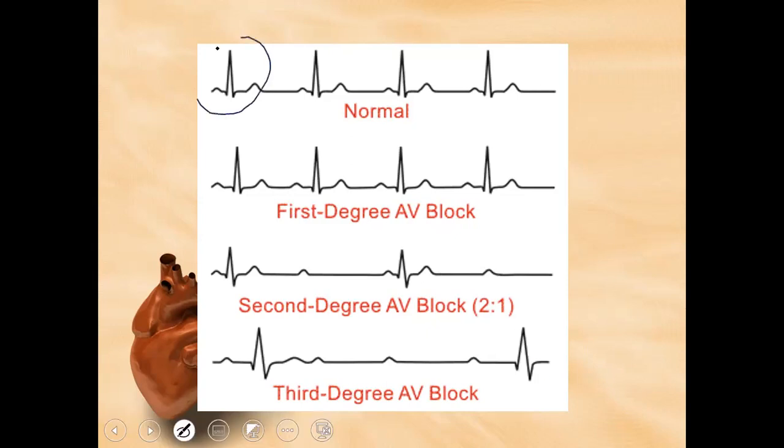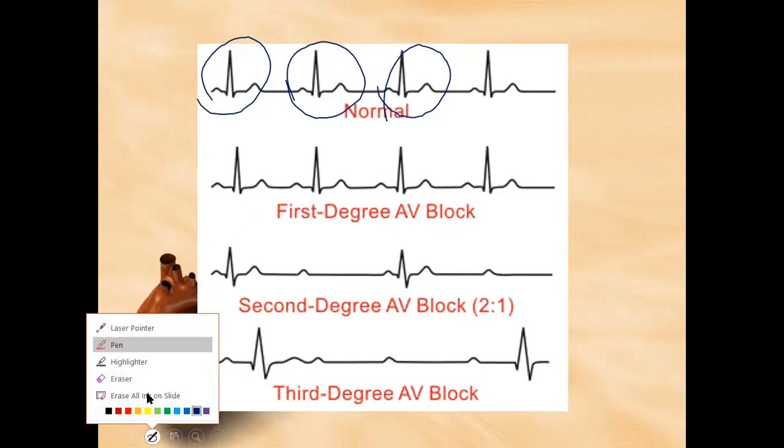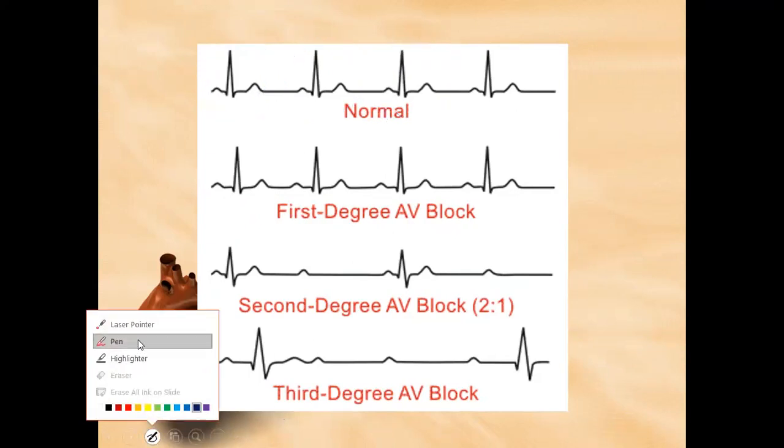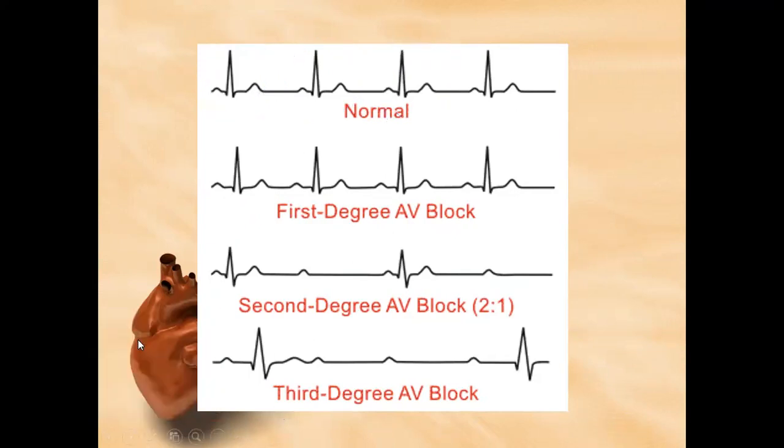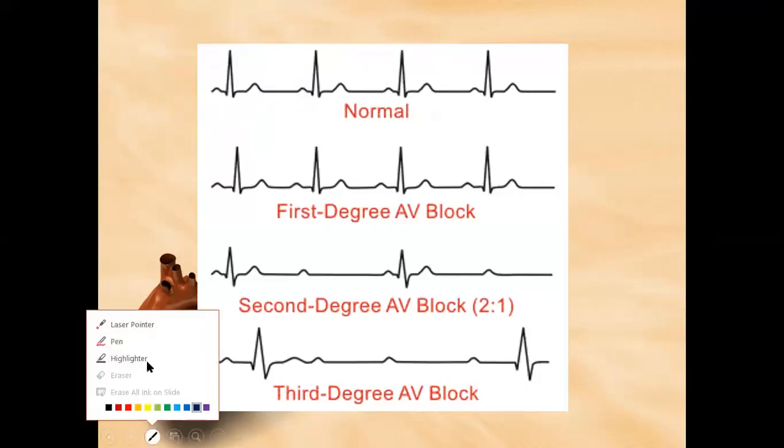All right, here we have normal heartbeat, normal heartbeat, normal heartbeat. Here we have first degree. Now, why is this a first degree? Well, it's very subtle. I want you to look specifically at this P wave.